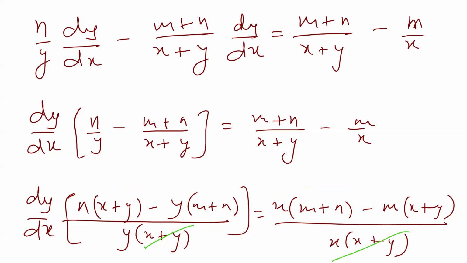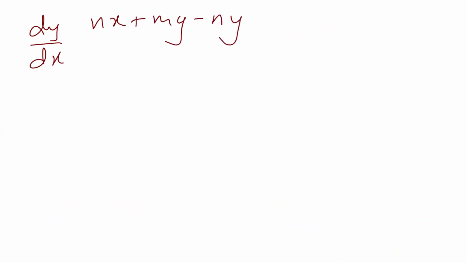Yeah, so I'm going to simplify the brackets now. So this will be nx plus ny minus my minus ny. Okay, so dy by dx into nx plus my minus ny, upon y.